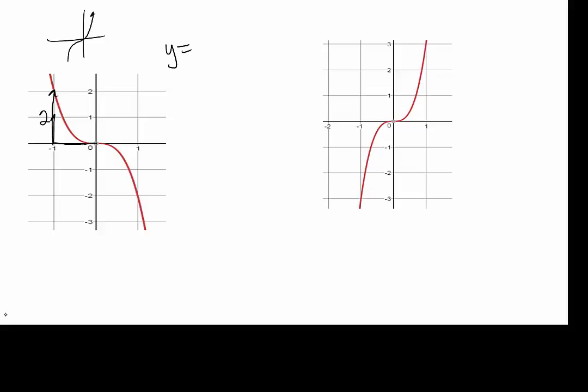The coefficient in front of the x cubed needs to be negative for the flip and 2 for the stretch. Negative 2x cubed. Now, we do not have a flip, we do not have a horizontal shift, and we do not have a vertical shift. The only thing we have is a stretch of 3. So y equals 3x cubed.